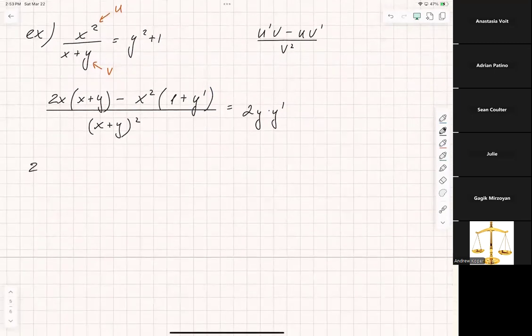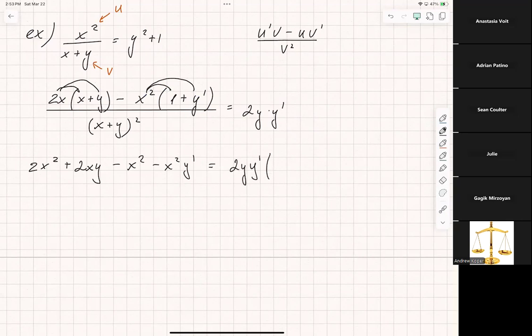We have 2x, and along the way we will be just distributing the 2x and x squared. So we have 2x squared plus 2xy, that's this one and this one, minus, now this and this is going to be x squared minus x squared y prime, equals now we have 2y y prime times x plus y squared.